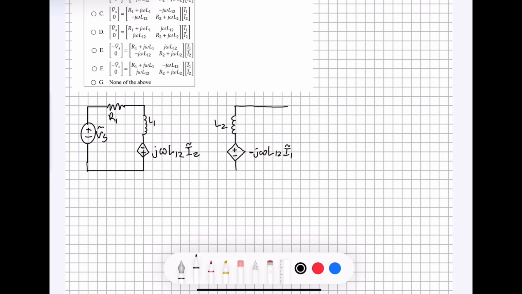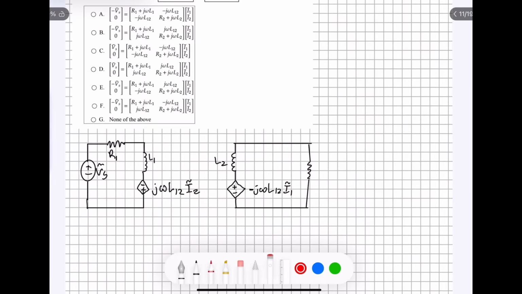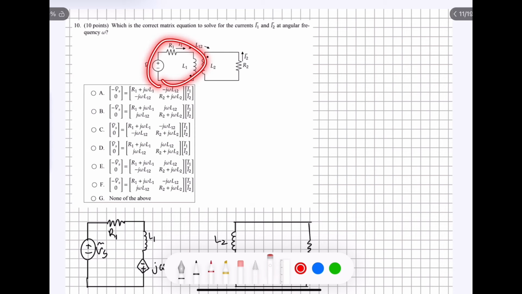This source is dependent on the current from the first circuit loop, just like the first circuit was dependent on the current from this loop. This circuit, with the voltage source, is now dependent on the current from this loop.